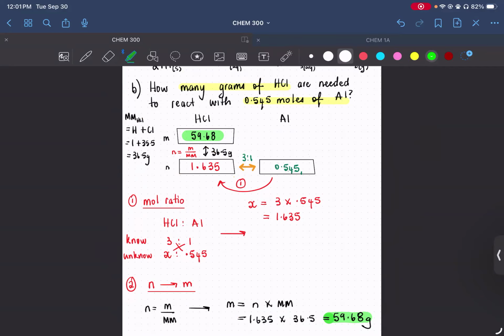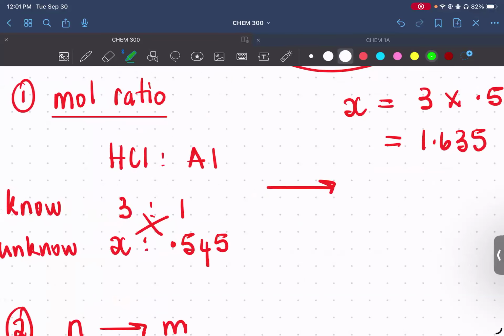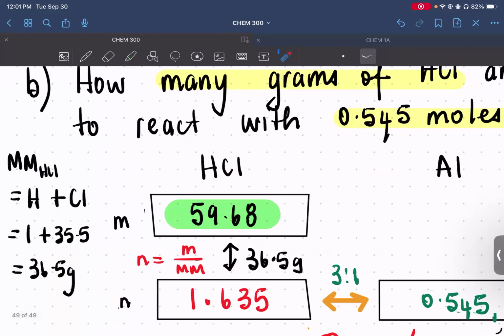Questions? I see a question. Yeah. That's an X, just meant to represent a generic. You could use A, B, C. I just use X. I see a hand over here. Yeah. The molar mass was something we just calculated earlier. The molar mass of HCl is the mass of hydrogen added to chlorine.